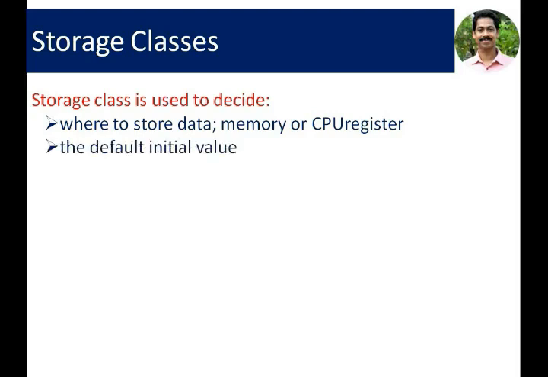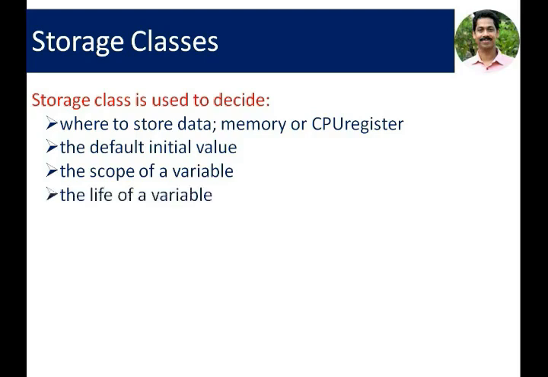It also decides the default initial value. Some storage classes decide the default initial value. Some storage classes define the scope of a variable. Everybody knows about the scope of a variable, the area in which we can use that variable. Also the life of the variable.